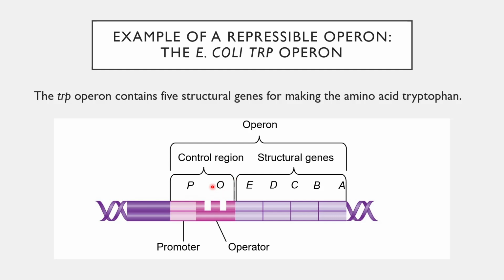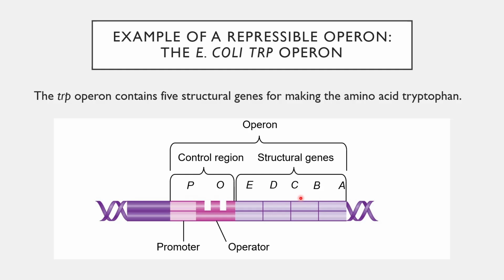So it's important that the cell has a constant supply of the amino acid tryptophan, and therefore the baseline state of the trp operon is that it is always on. So RNA polymerase is normally able to attach to the promoter, proceed uninhibited through the operator, and transcribe the 5 genes that encode enzymes that make tryptophan for the cell.